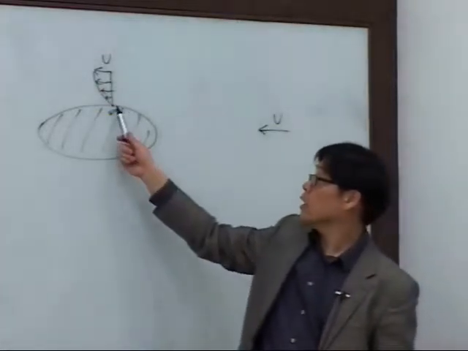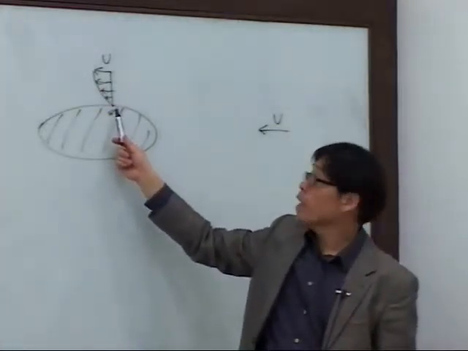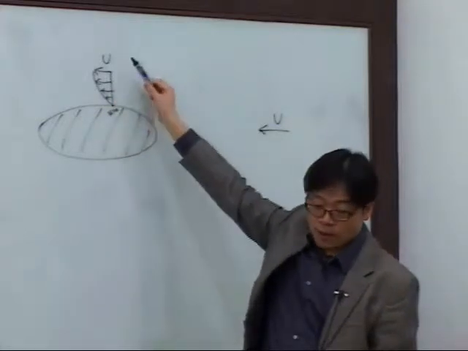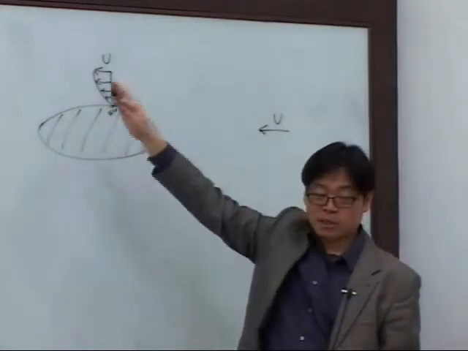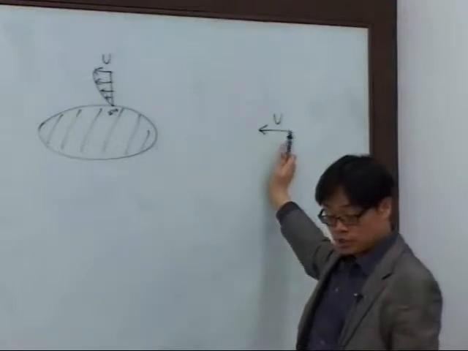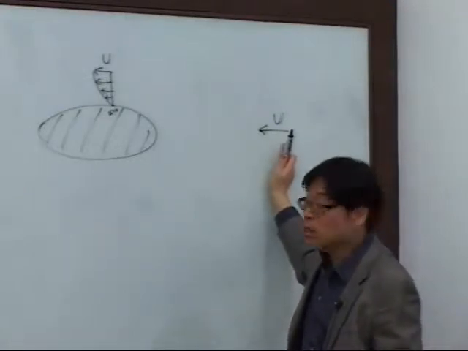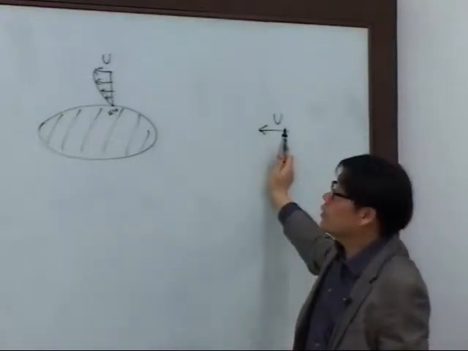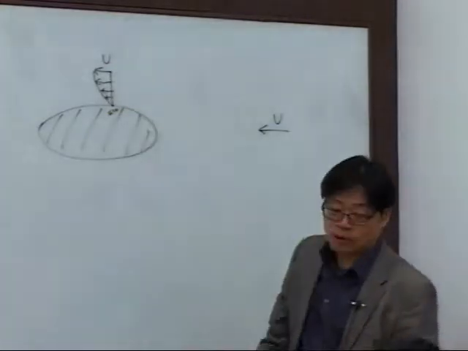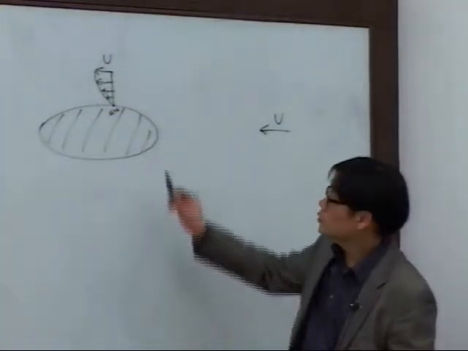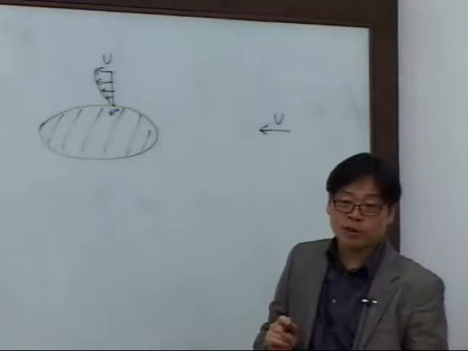So velocity at the boundary has to be 0, and then velocity far away from the boundary has to be some constant value, which is the same as this velocity. And then the horizontal velocity increases from 0 to some finite value u.